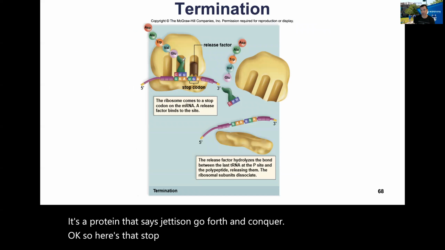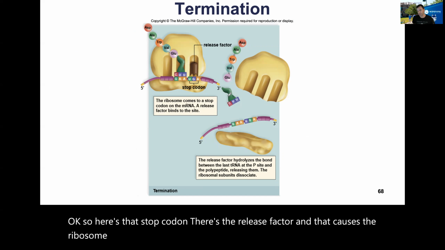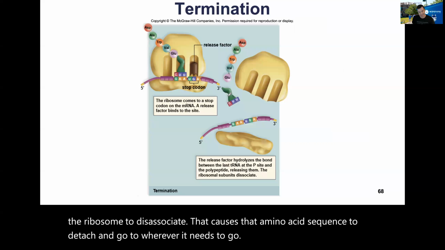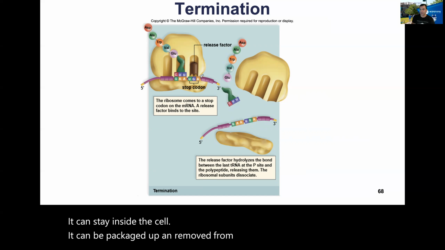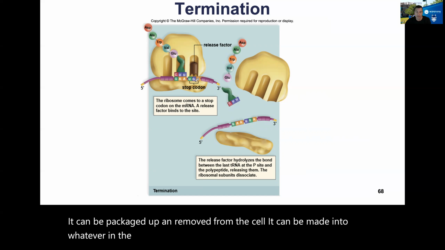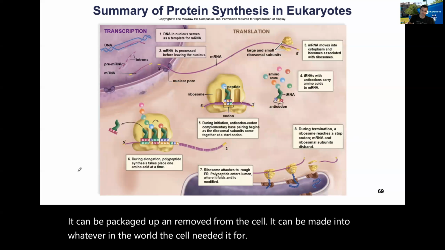There's the release factor, and that causes the ribosome to disassociate. That causes the amino acid sequence to detach and go to wherever it needs to go. It can stay inside the cell. It can be packaged up and removed from the cell. It can be made into whatever the cell needed it for. And this just puts it all together.